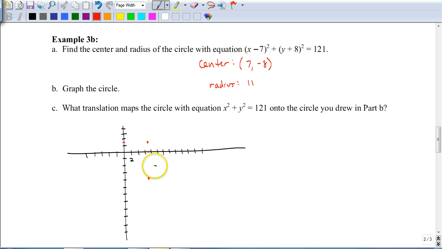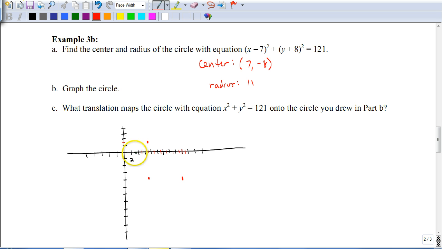so that's going to be the top of my circle. And going to the right, now remember the hard part here is my center is in between the dash marks. So I'm going to go to the right 11. So 2, 4, 6, 8, 10, 11 would be right here. And then go to the left 11.